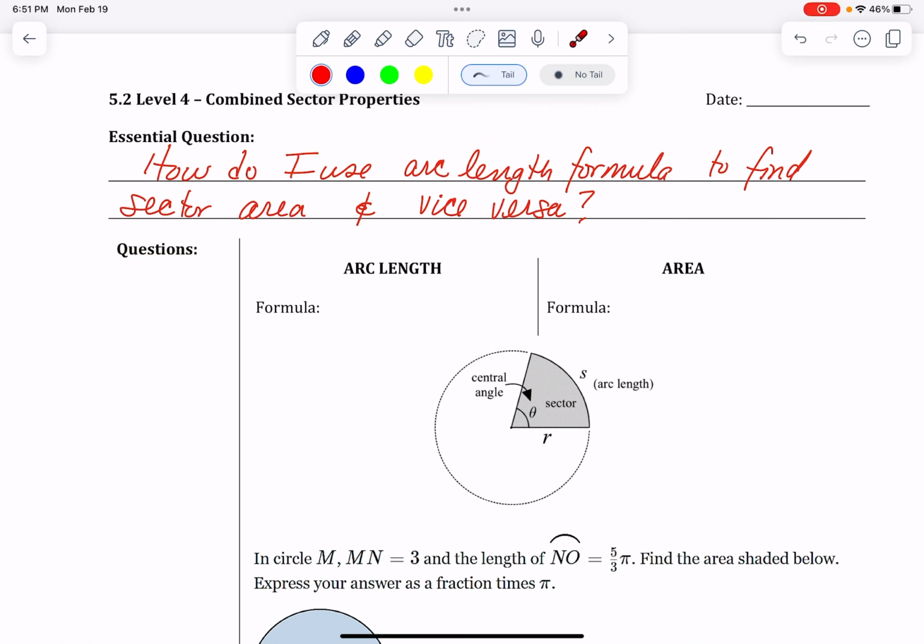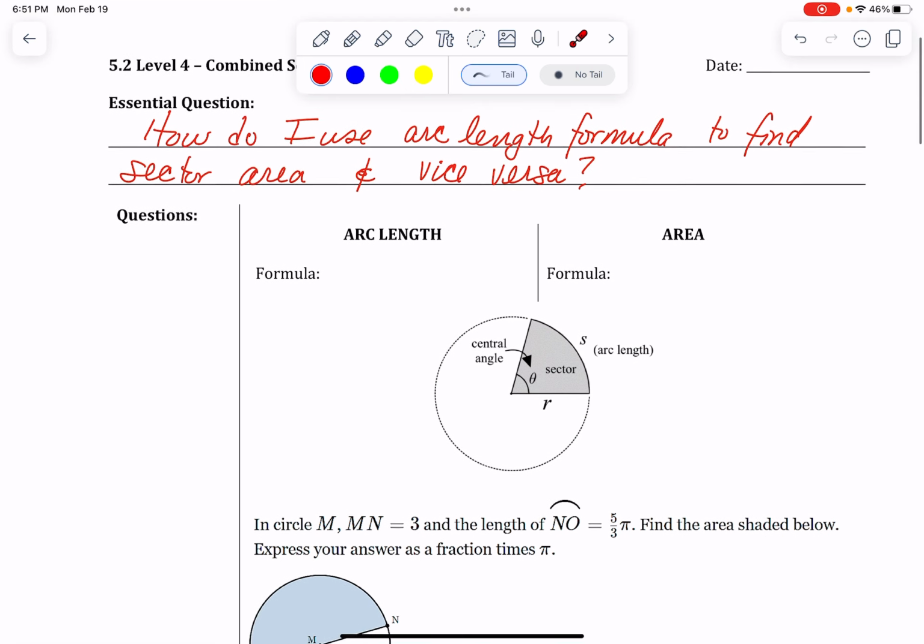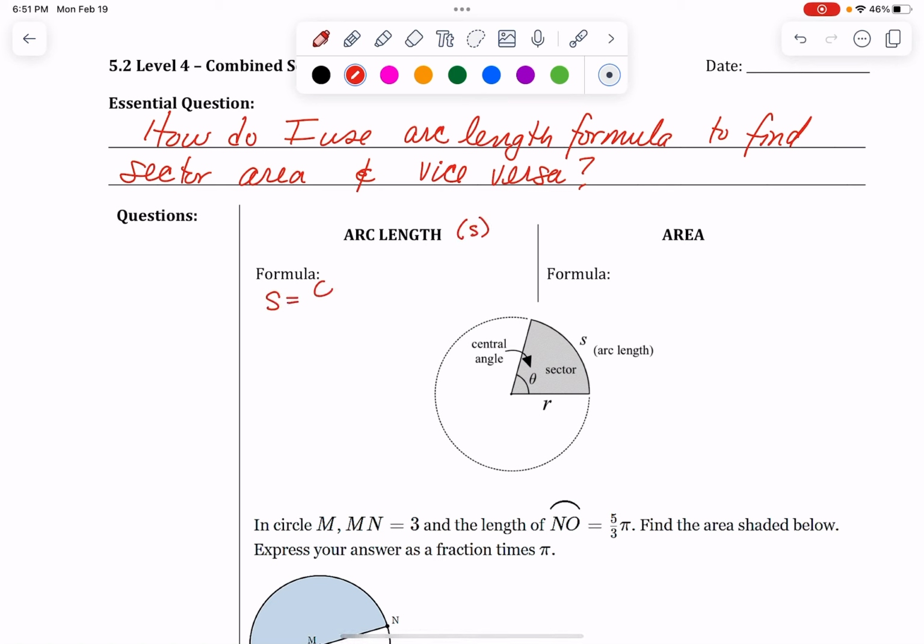And the answer is that I'm going to find one of the variables. If I have the sector area, I can then use that to find the arc length, or vice versa. So our formulas, remember that arc length is done with an S, and that's theta over 360 times 2 pi r.